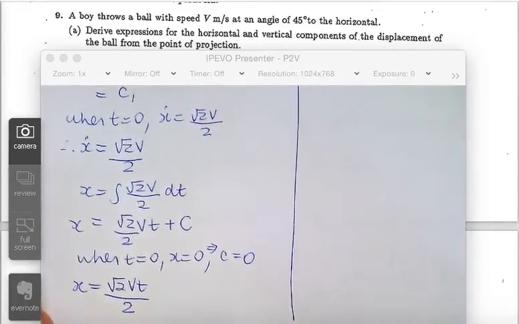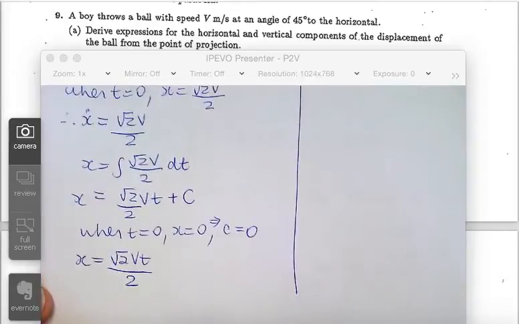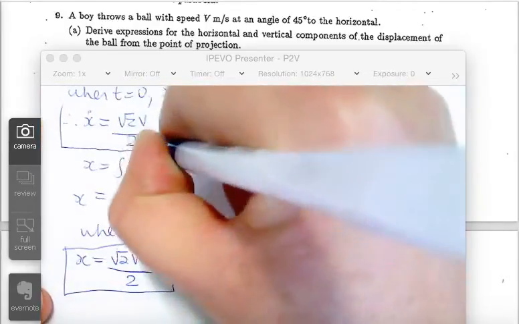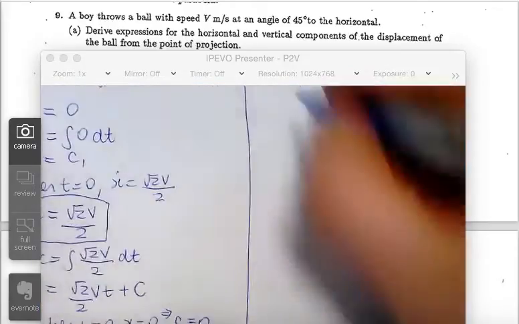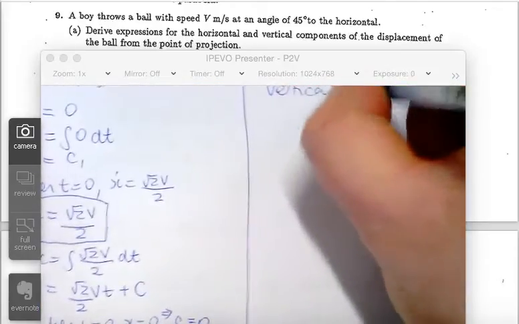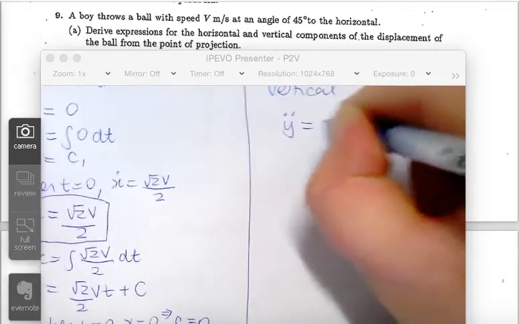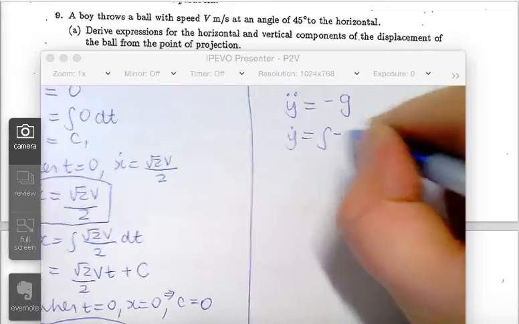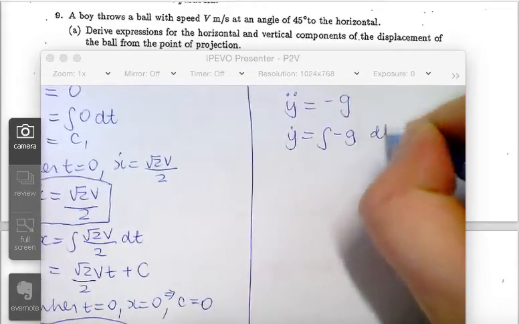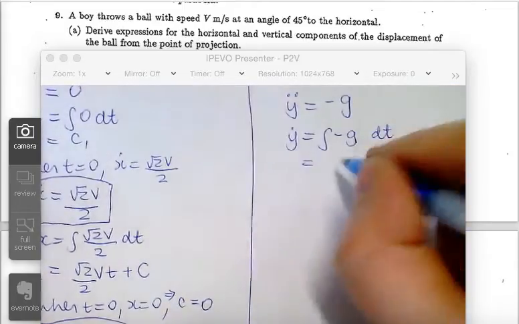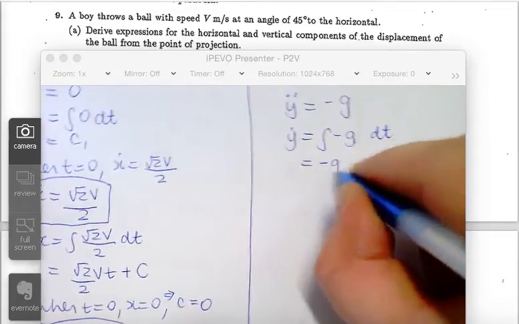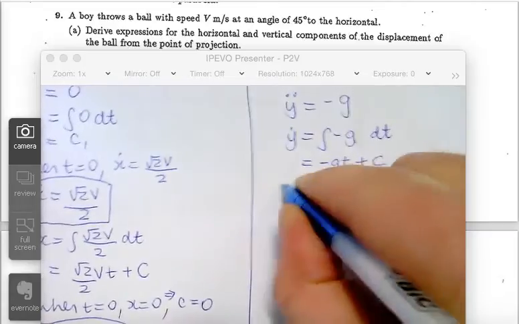Vertical components of the velocity. Girls, we've done this so many times. You might want to box up your equations. Vertical: acceleration in the vertical direction is negative g. Velocity in the vertical direction is the integral of negative g, which is negative gt plus constant 3.